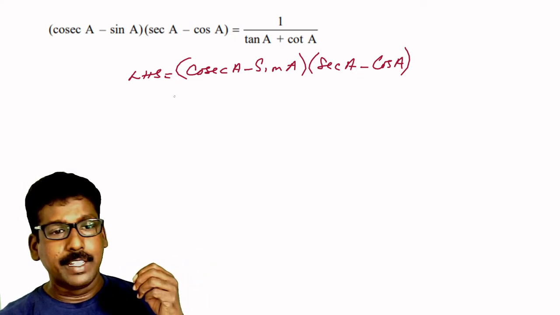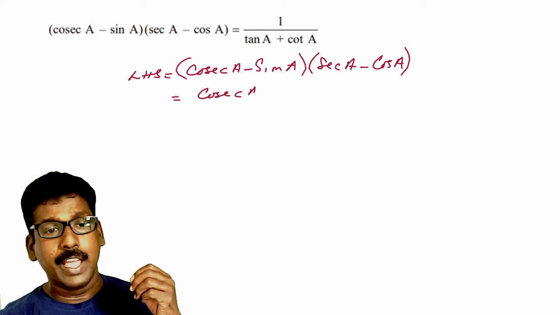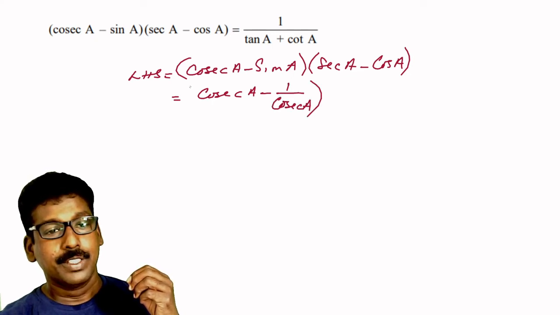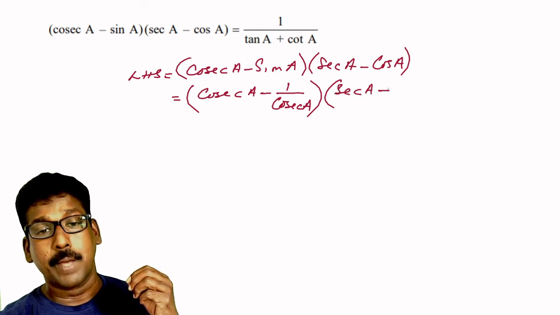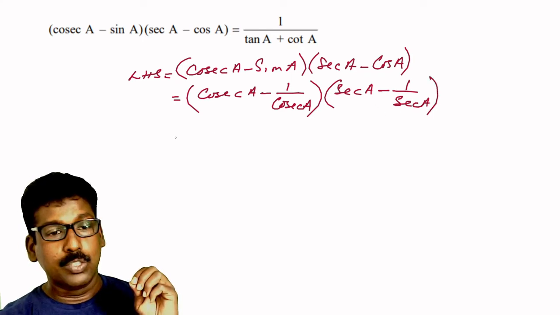So we can write the LHS as cosec A minus, instead of sin A, let me write 1 by cosec A, into sec A minus, instead of cos A, let me write 1 by sec A. Now do simplify.